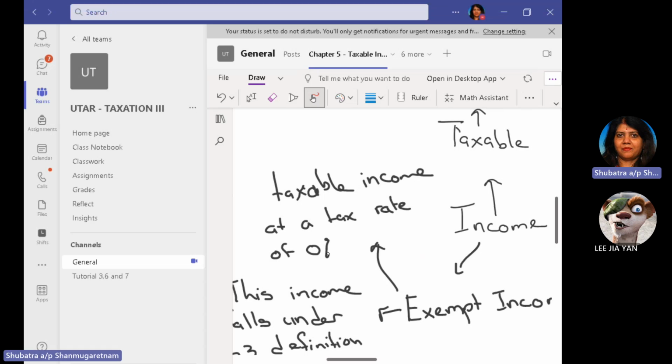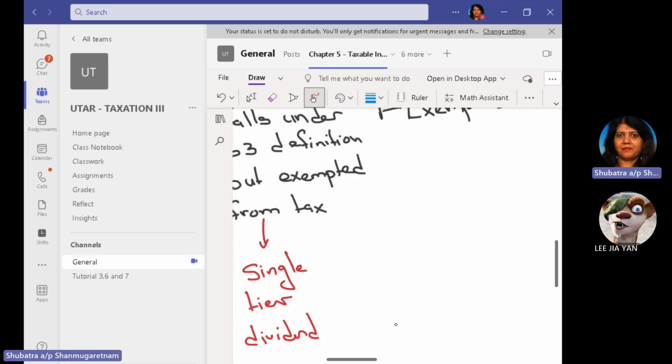It's not a non-taxable income, it's a taxable income, but your tax rate is 0%. So that's why you do not pay tax, because it's exempted. Understand that. All right?